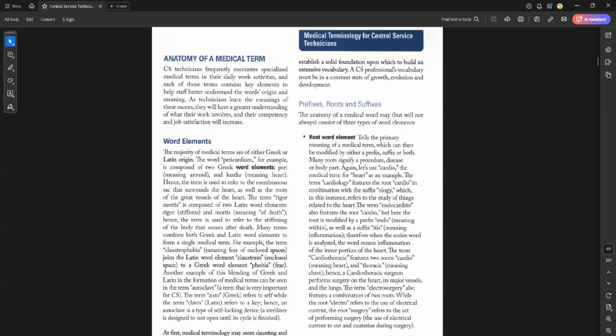I'm using my name as an example. If you want more information, we need to be able to understand the root. So the root word element is what we call the primary meaning. It gives a primary meaning, what exactly the word is. For example, Michael.